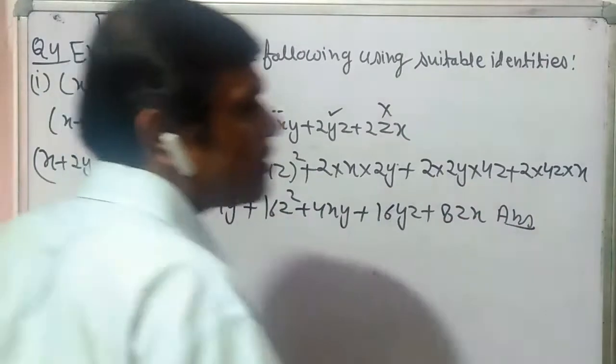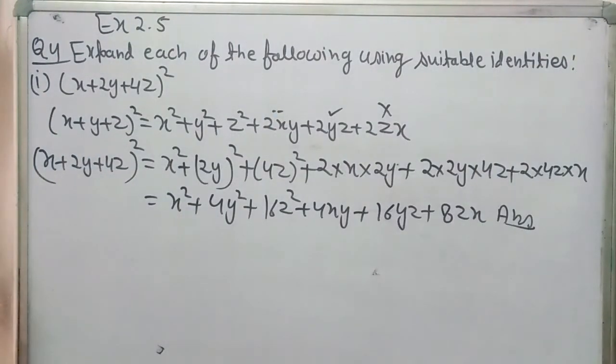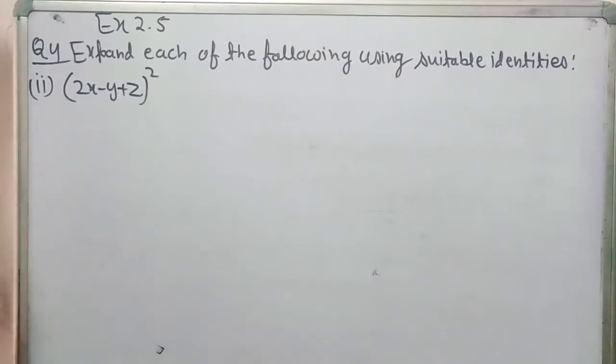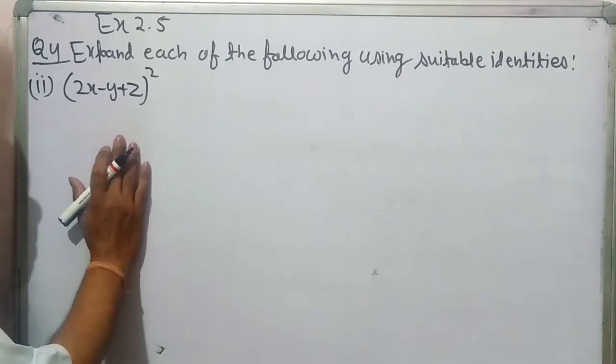That is the answer to the first part for our expansion. Again remember, whenever we are doing any such kind of expansion or factorization, we have to correlate our given question with any given identity.